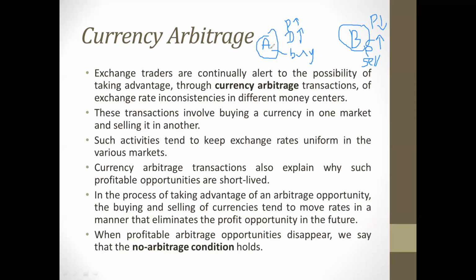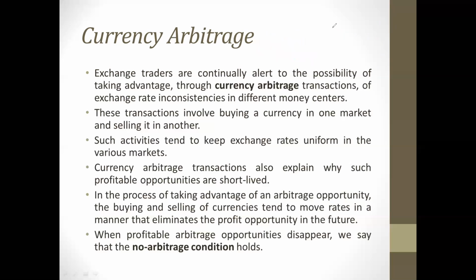Then you can see the market that was initially at a lower price now moves to the price of the high market, and the market that was initially at a high price now tends to get low prices.